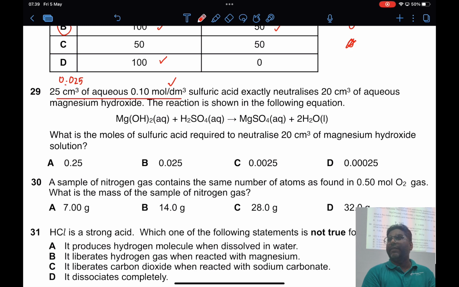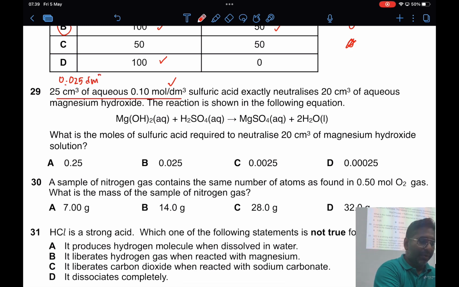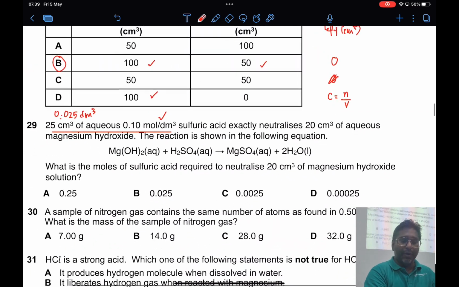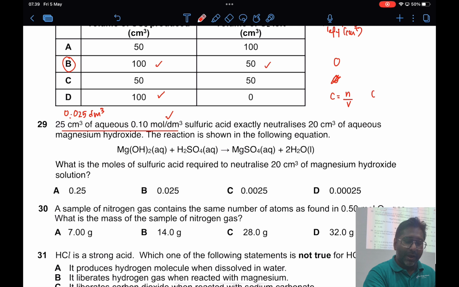Now you will get 0.025 dm cube, and we can find out how many moles of this. We know the concentration equals number of moles divided by volume. So the concentration is 0.1, volume is 0.025.